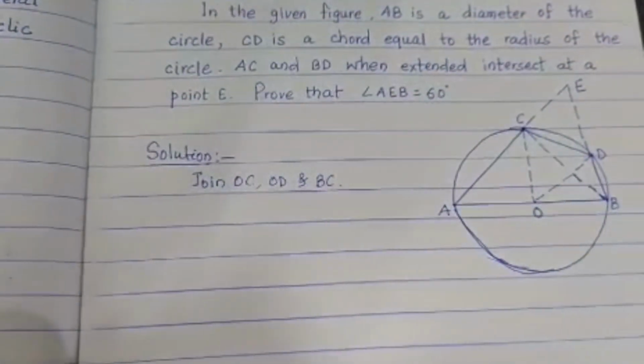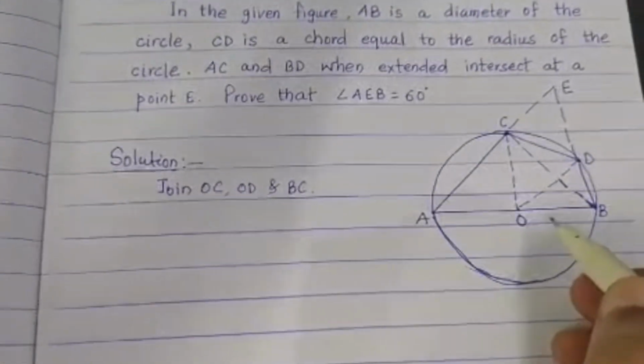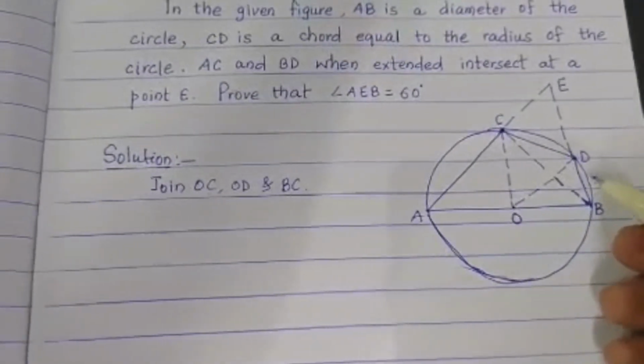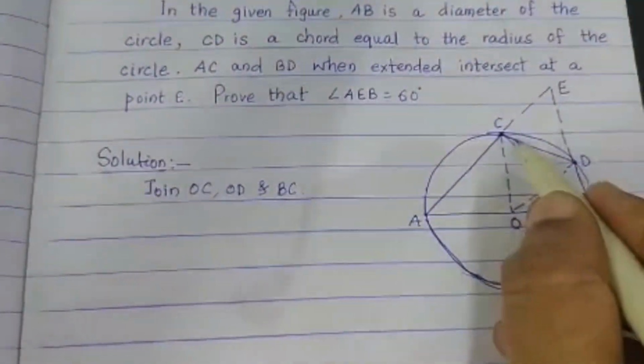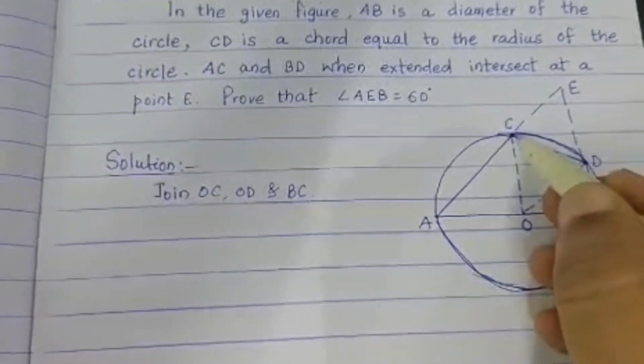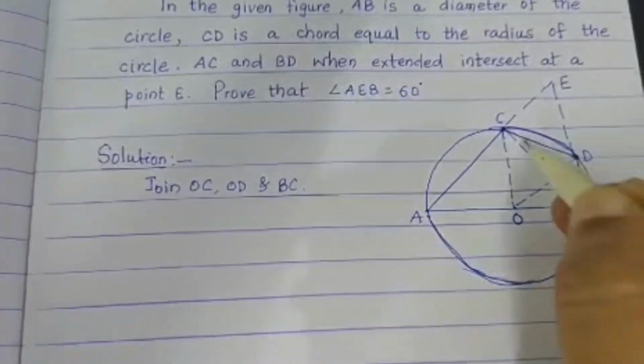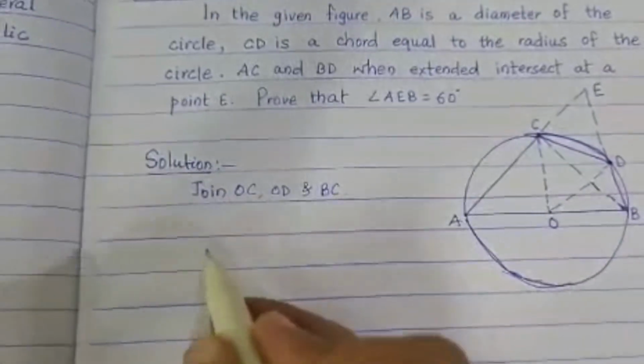Now let's take this arc. So this is angle COD, made by this arc, and this is angle CBD. So what can we write?